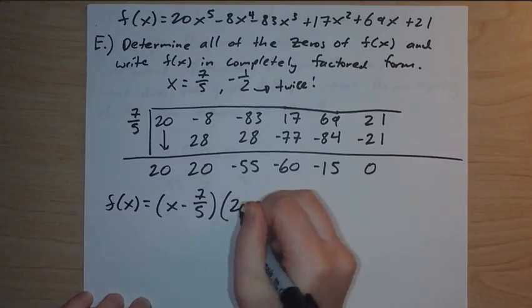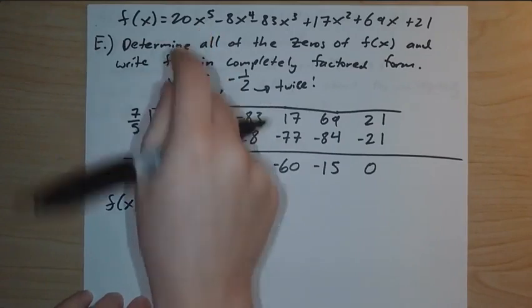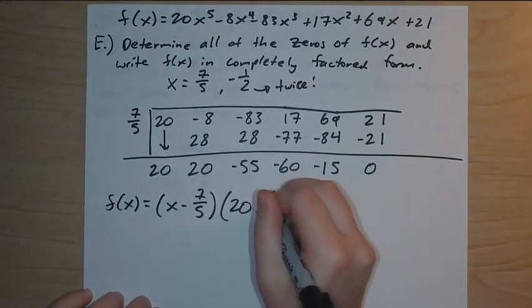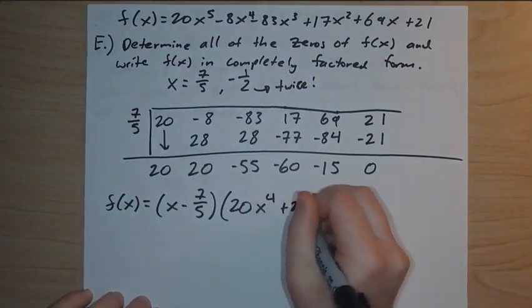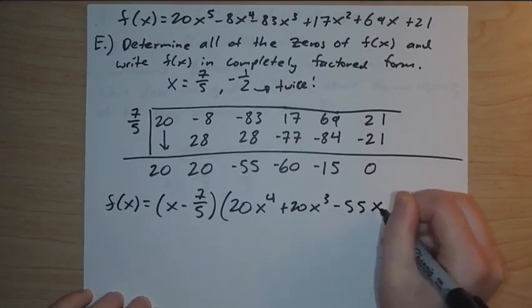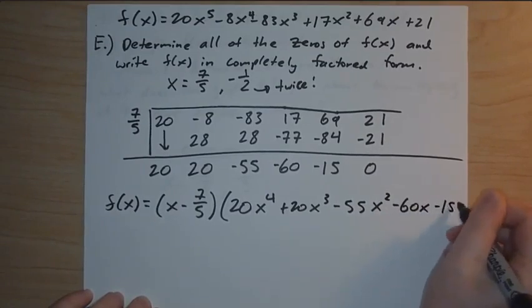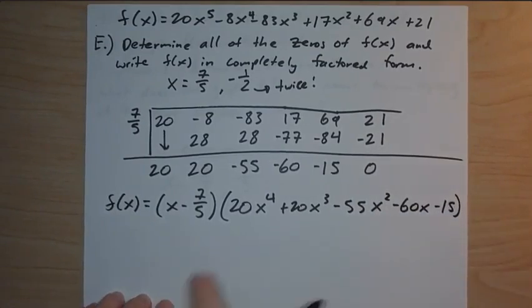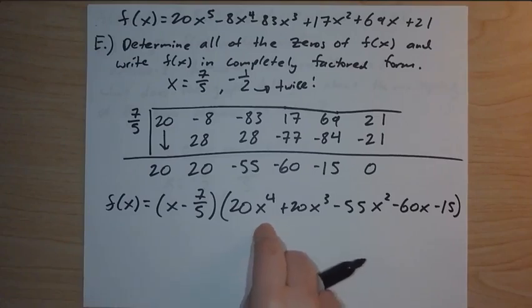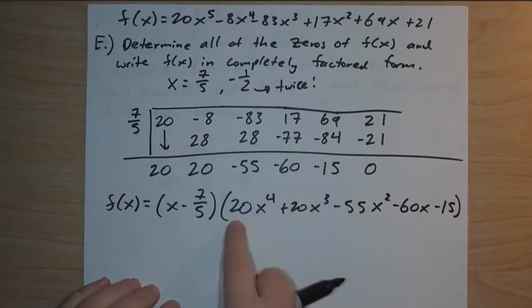So this is going to be 20, and because we took out an x, it's going to be x to the 4th instead of x to the 5th. So this is 20x to the 4th plus 20x to the 3rd minus 55x squared minus 60x and then minus 15. So we're going to continue in this fashion. All I did was take all the coefficients that were left and write it in this way.